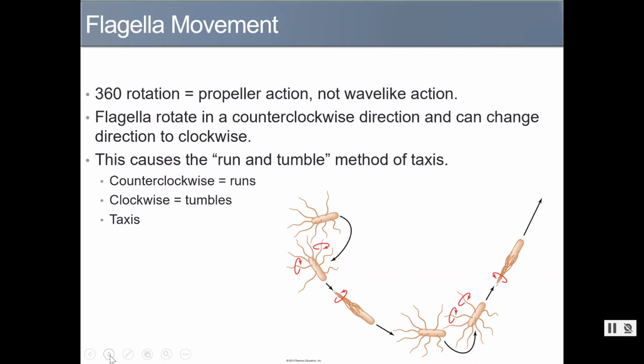Let's talk about its movement. If I were to ask you how a flagellum moves, I typically get students that tell me a wave-like motion, which is true for eukaryotic cells. In prokaryotic cells, the flagellum moves differently. It actually rotates.